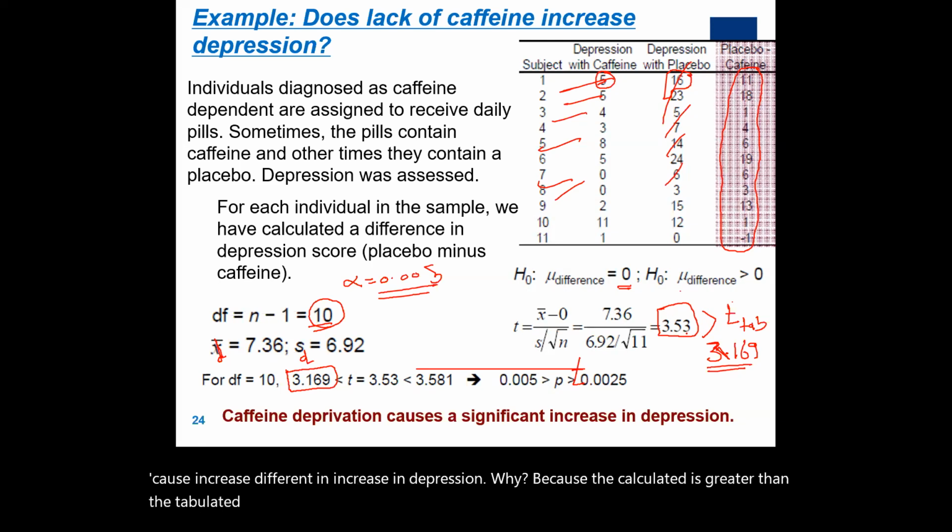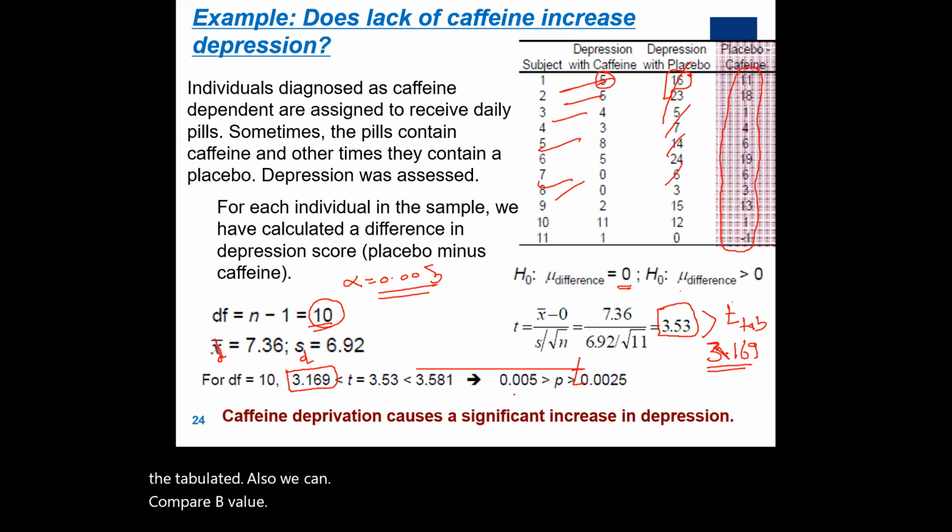Also, we can compare the P value. We compare the P value, which is between 0.005 and 0.025.